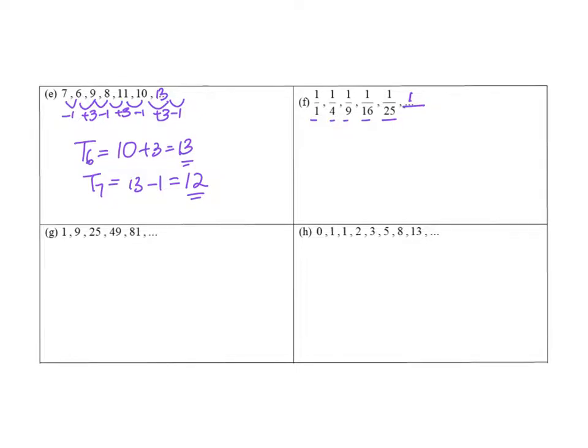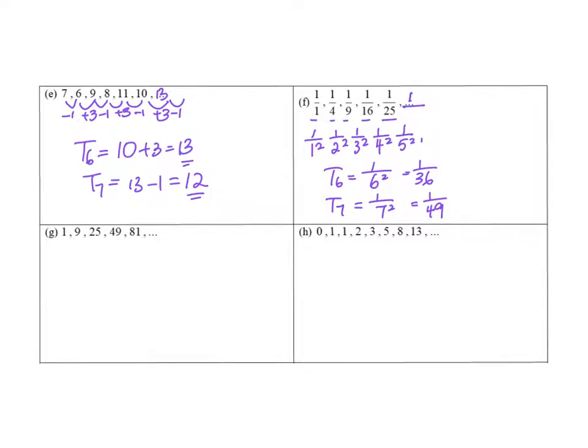This is actually 1 over 1 square, 1 over 2 square, 1 over 3 square, 1 over 4 square, and 1 over 25 is 5 square. So the next number, term 6, will be 1 over 6 square, which is 1 over 36. And term 7 will be 1 over 7 square, which is 1 over 49.